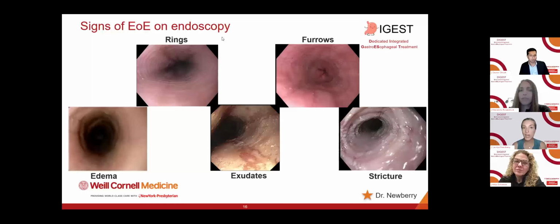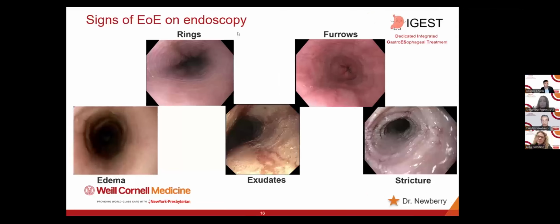So in the bottom left-hand corner, you see the word edema, which is a fancy medical word for inflammation. And the reason why this looks inflamed is you can see you no longer can see those clear blood vessels, and there is extra fluid in this area being caused by some inflammatory process. And in this case, this is an allergic inflammatory process with EOE.